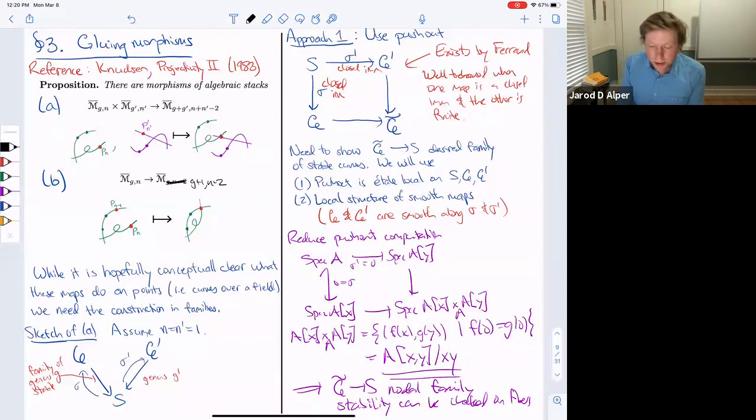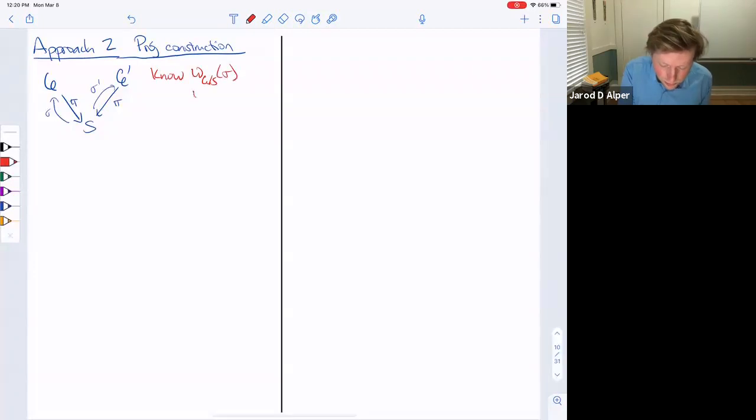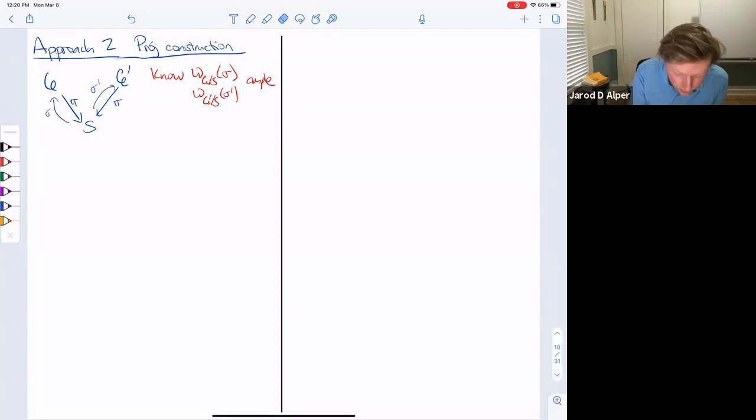Okay, so I want to quickly explain how you could also do this with the Proj construction. And in fact, both of these methods are quite similar. What we know here is that if I take the relative dualizing sheaf, omega of C over S twisted by sigma, or sigma prime, these are both ample. And we're going to use the exact sequence where omega C sits inside the twist of the structure sheaf of the section.